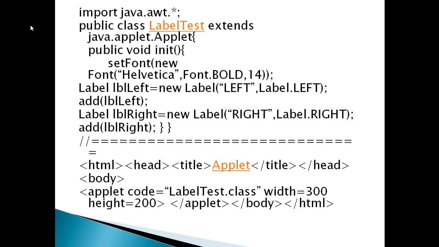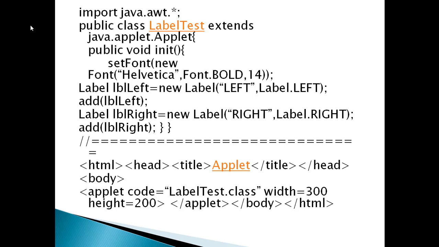Public class LabelTest extends Applet, open curly bracket, public void init, the applet's initialization method, the init method. In that we are initializing the controls, creating the controls. So we are using public void init, open curly bracket.